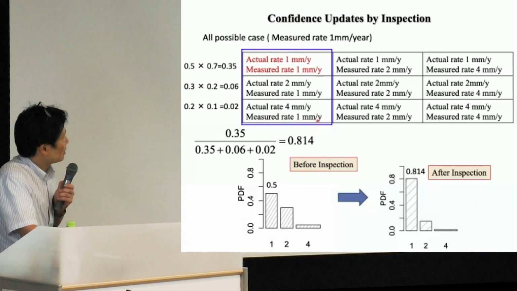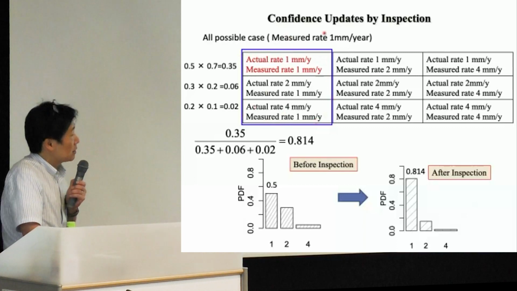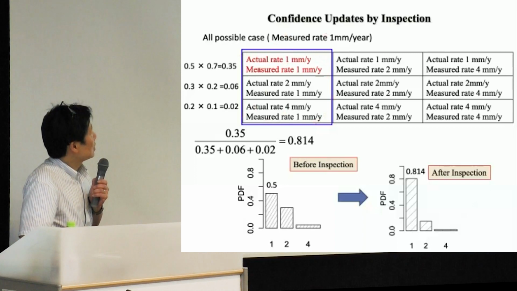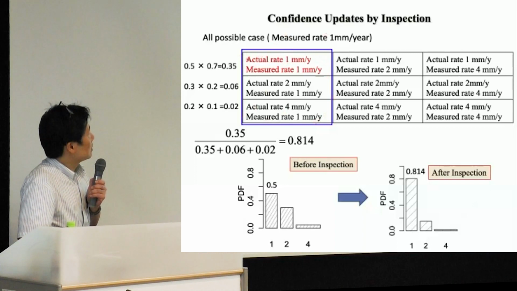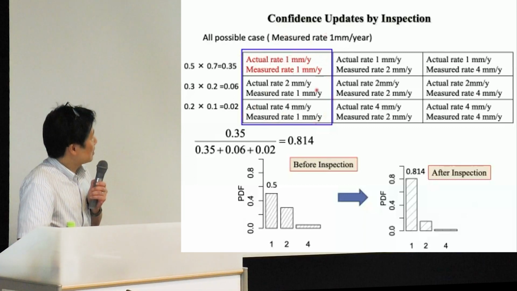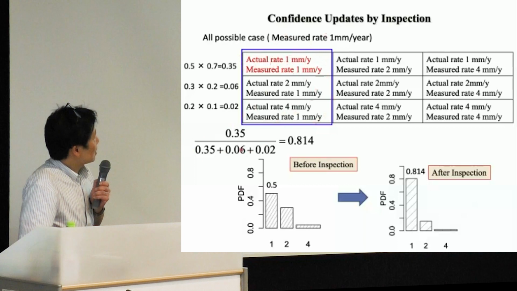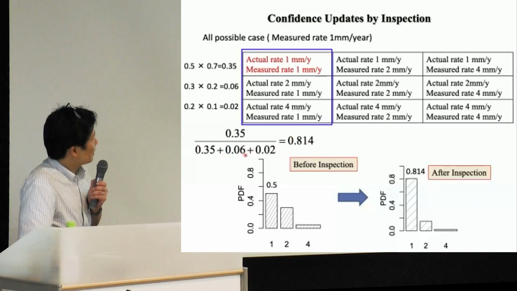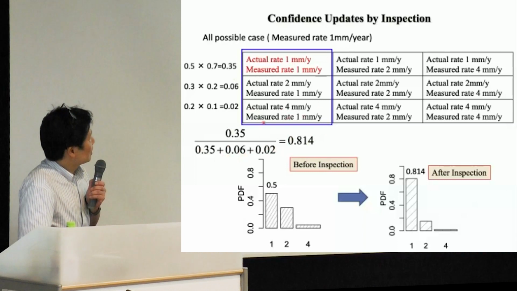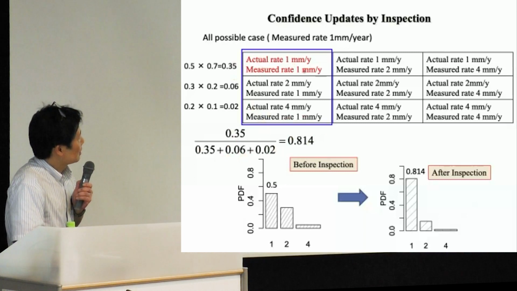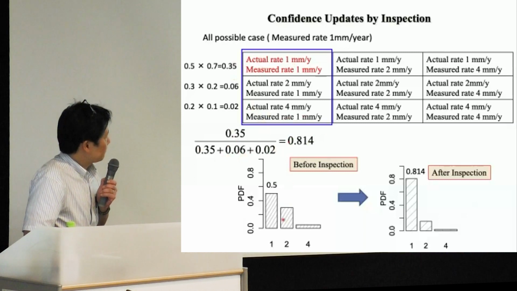And in this situation, by Bayesian theorem, we want to know the possibility that the inspection measured correctly. We can estimate this possibility this way. The denominator corresponds to these 3 cases, and the numerator corresponds to this case.